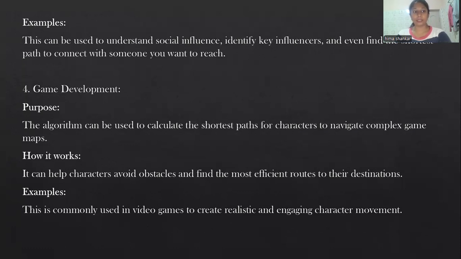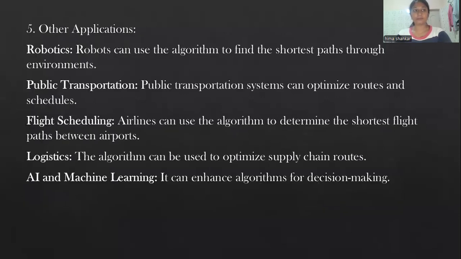So, game development. The algorithm can be used to calculate the shortest path for characters to navigate a complex game map. How it works: it can help characters avoid obstacles and find the most efficient route to destinations. Example: this is commonly used in video games to create realistic and engaging character movement.